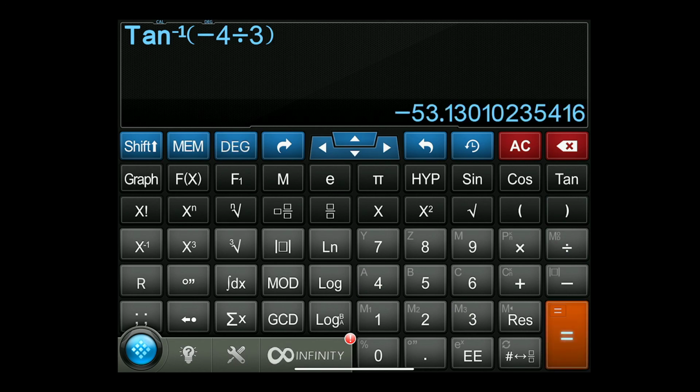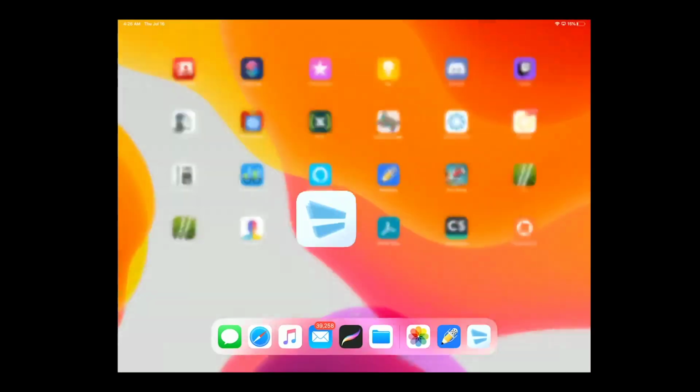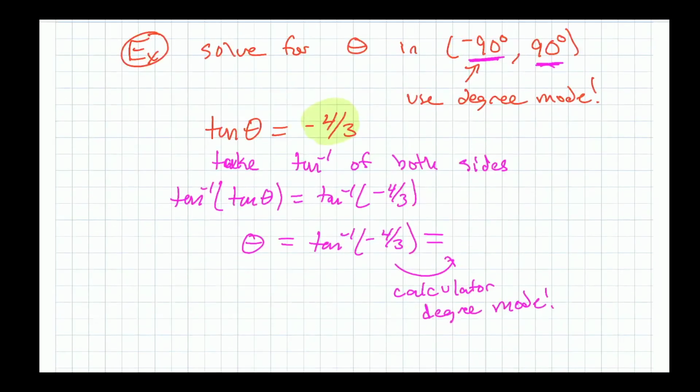Degree mode, enter. -53.1. And that's it.